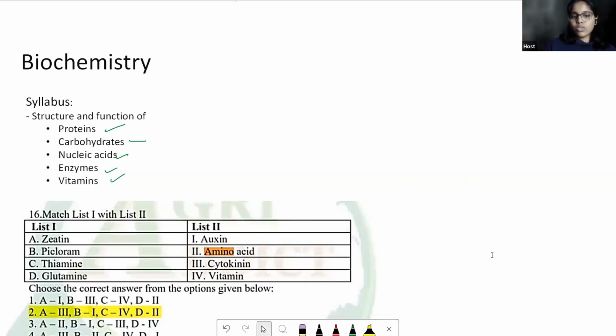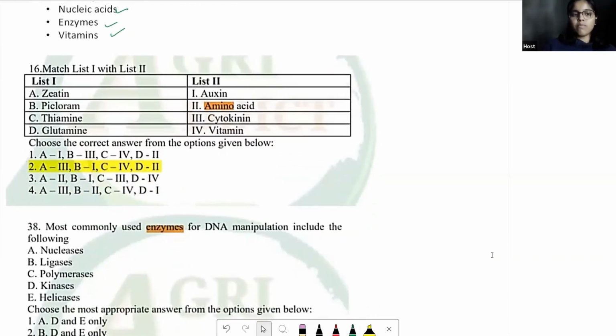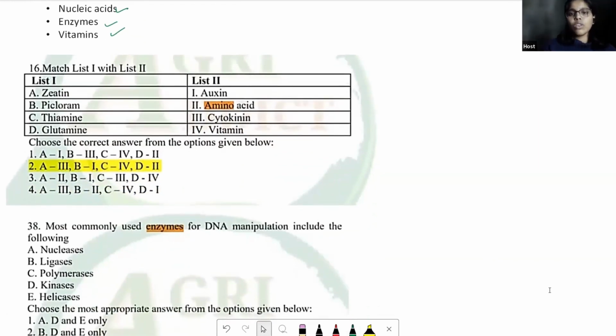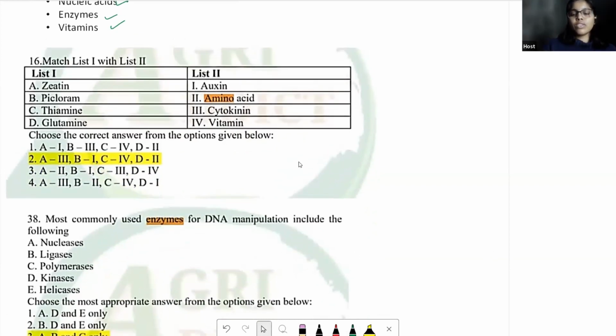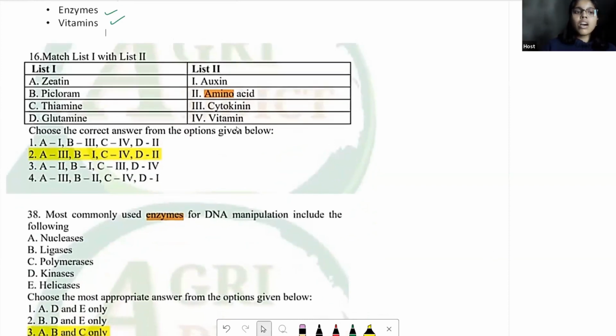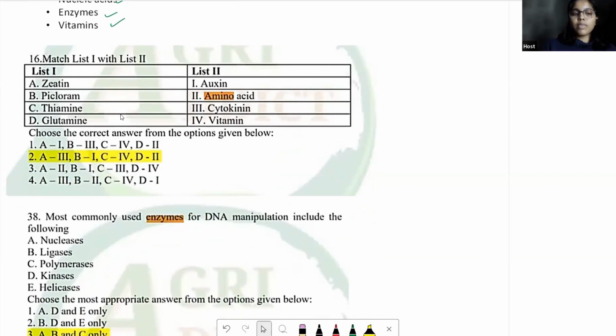Coming to the questions that I have seen in all the years, you can see one question from biochemistry coming every year. That can add extra marks, and that can fetch you a better rank also. In this question, they have asked amino acids, vitamins, and hormones, where zeatin, picloram, thiamine, and glutamine have to be matched with their corresponding groups.